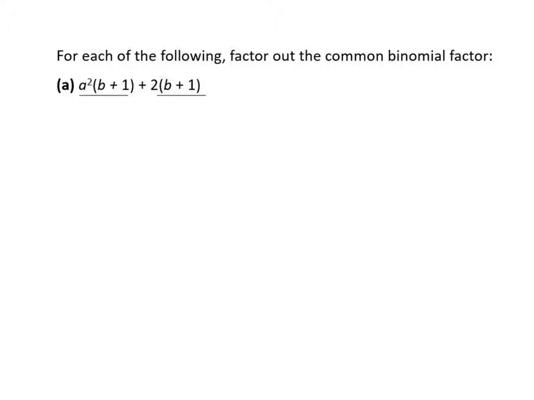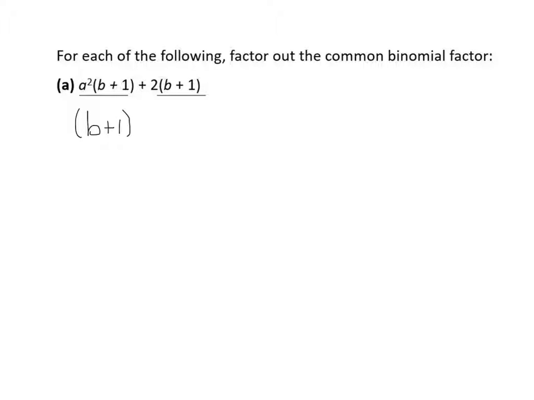So when I look at the first term, a squared times the quantity b plus 1, and the second term, 2 times the quantity b plus 1, I notice that what they have in common is the b plus 1. So that is what we call our greatest common factor. It is a binomial factor.